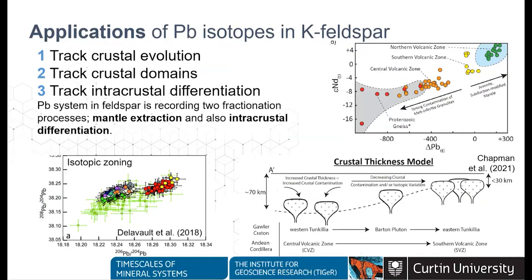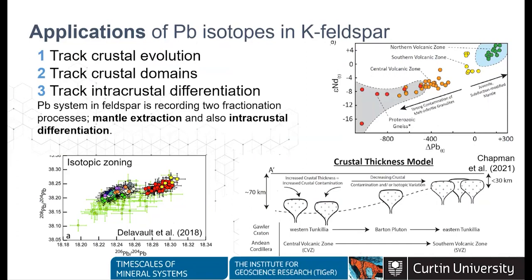What this tells us is that the precursor was an older crustal component, but yet unradiogenic. This has been interpreted to reflect a crustal component that became depleted in uranium during granulite facies metamorphism.